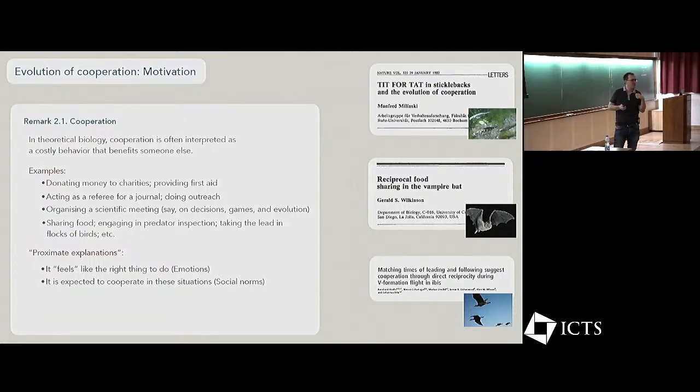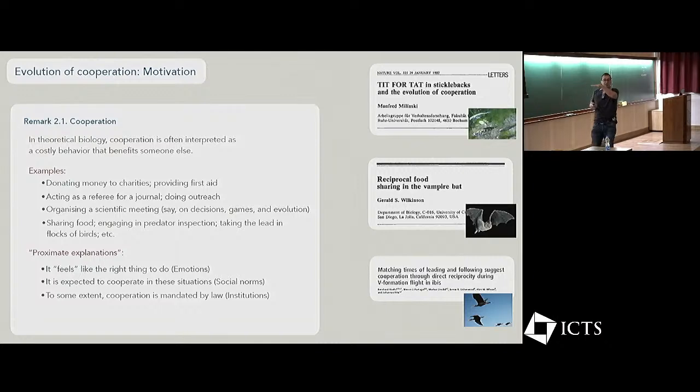You want to be a proper scientist, so you cooperate in such a situation. A further example is providing first aid. At least in Austria, there is actually a law that obliges you to provide first aid if you come upon an emergency.